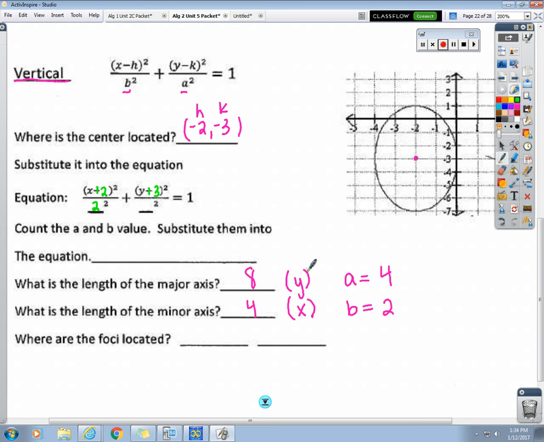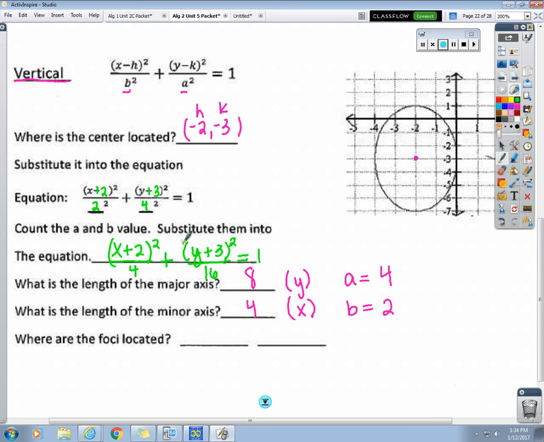And then under the Y value, you're putting your A, 4. Now you just start simplifying. X plus 2 squared over 4 plus Y plus 3 squared over 16 equals 1. So does everybody feel comfortable writing the equation of an ellipse when its center is not the origin?